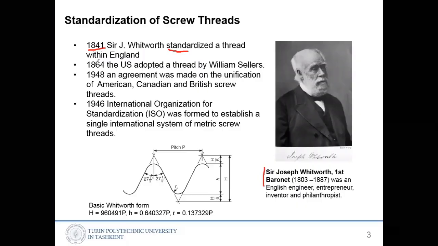For example, a train produced in England but used in America or Canada or other countries, or using some part of the train with other American equipment. So they needed standard parts.